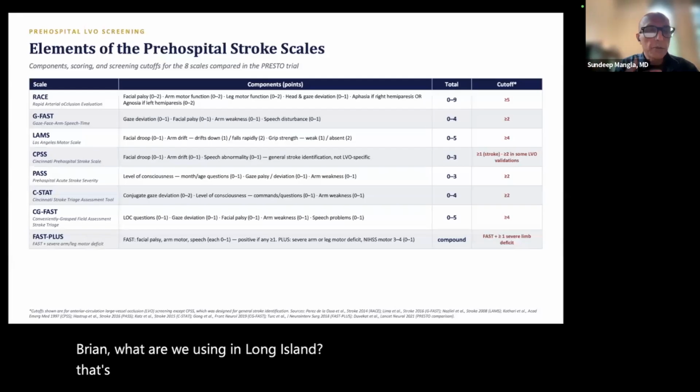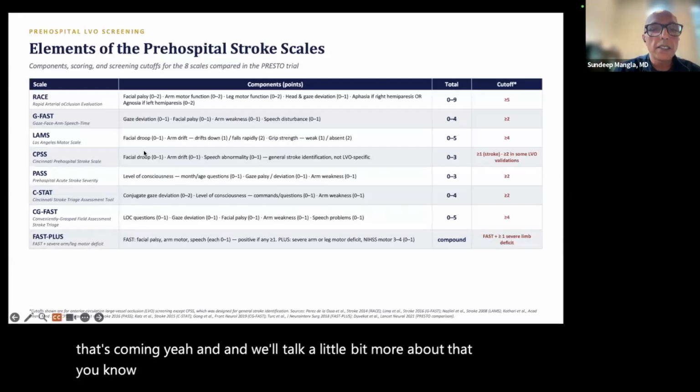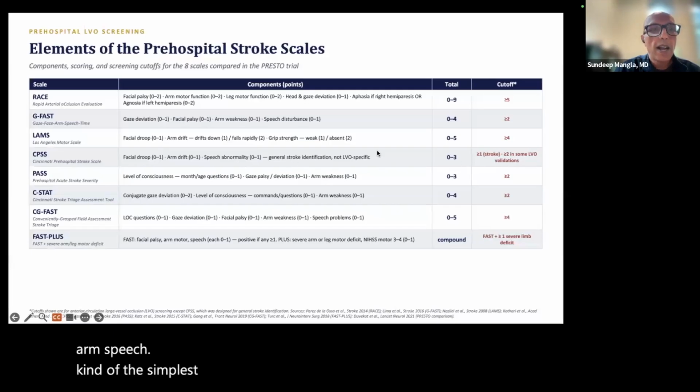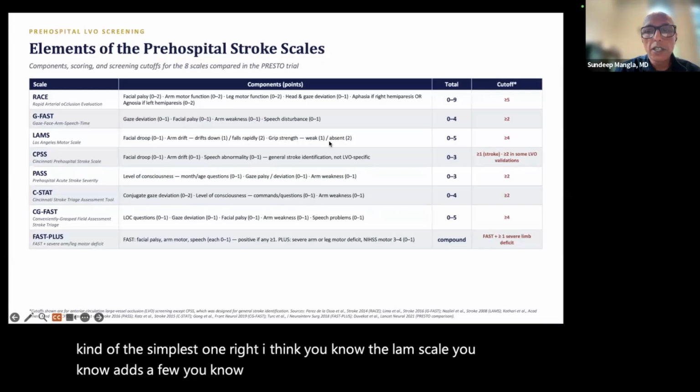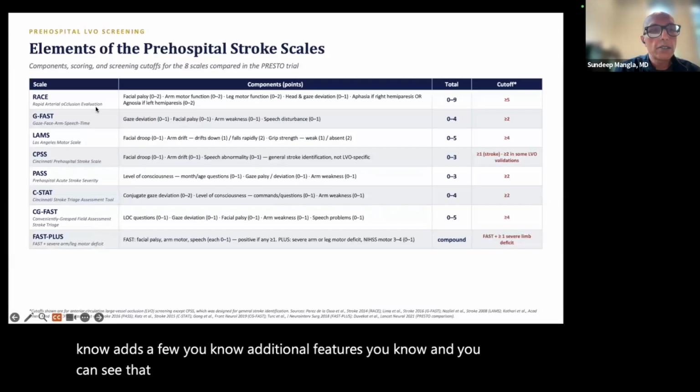Yeah, and we'll talk a little bit more about that. You can see the Cincinnati scale, the face, arm, speech, is kind of the simplest one. I think the LAMS scale adds a few additional features, and you can see that there are some other scales as well.